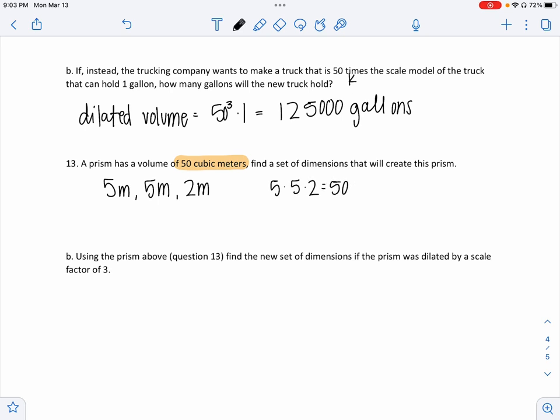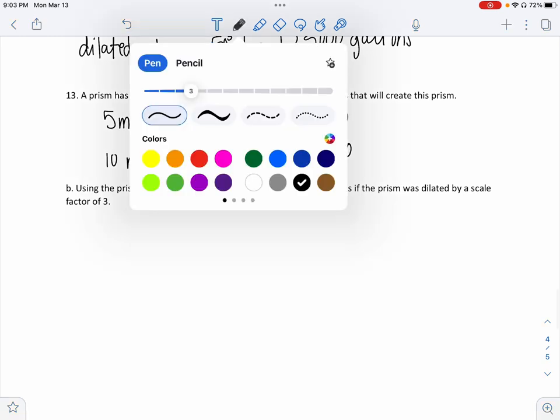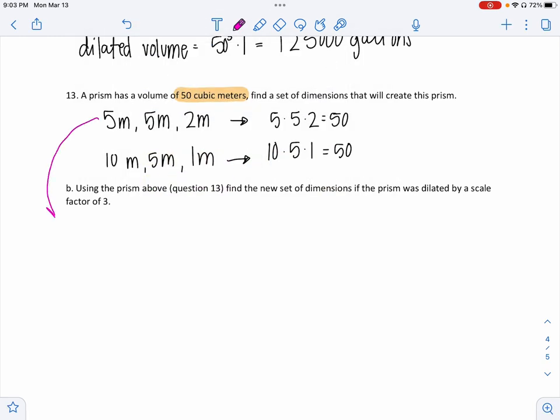Or you could come up with another one, 10 meters by 5 meters by 1 meter. Whatever one you choose to use, I'm going to choose to do this top one.